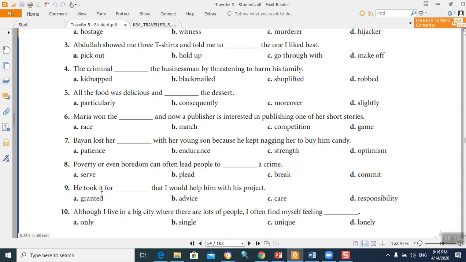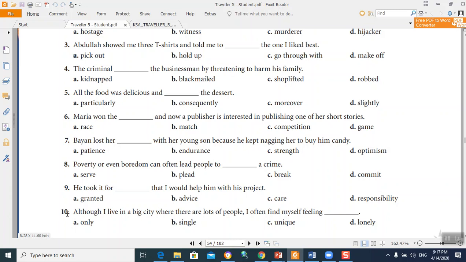If you remember this verb take, it was in unit 4. Take is one of the high frequency verbs, an important verb. So he took it for granted that I would help him. When you are sure of something and just don't ask, that shows disrespect for people. You shouldn't take people for granted. So take for granted is one of the phrases you need to practice in your English.